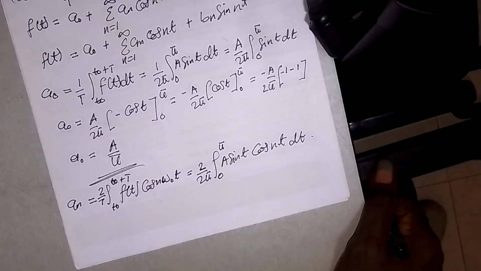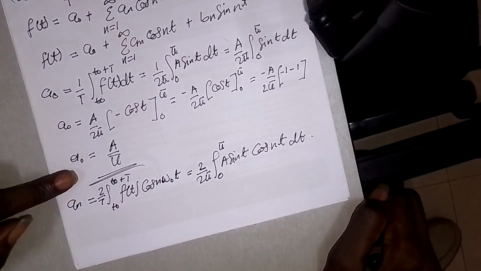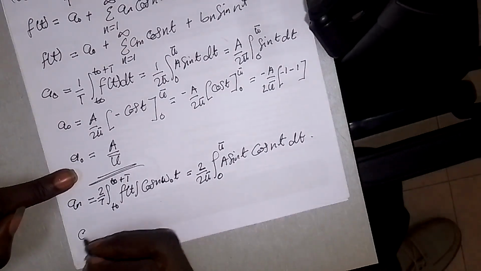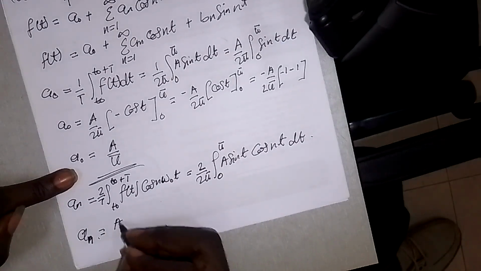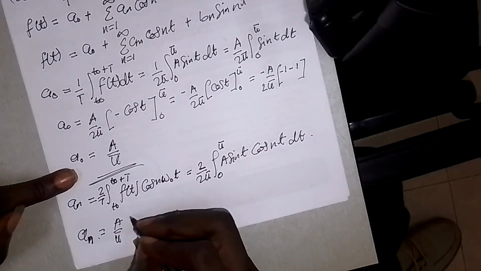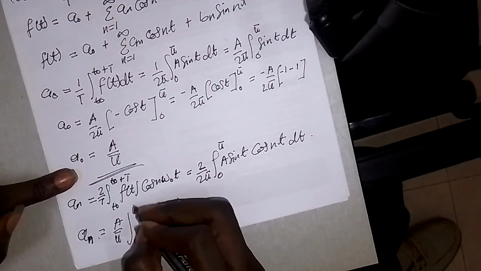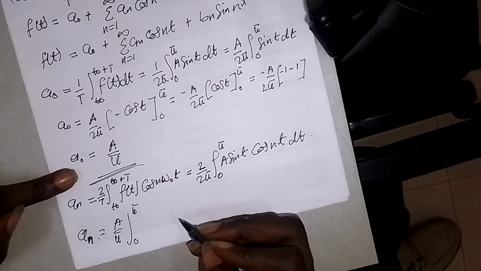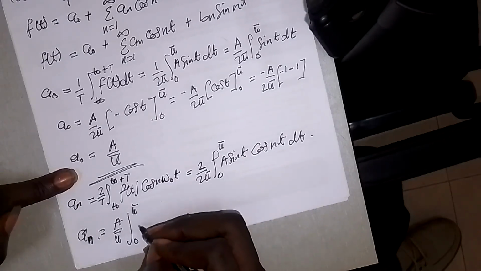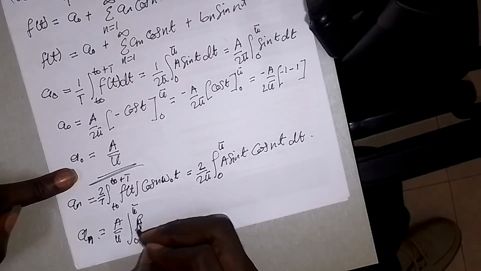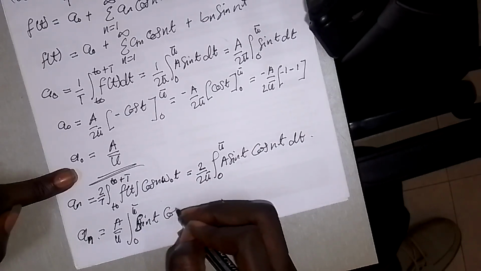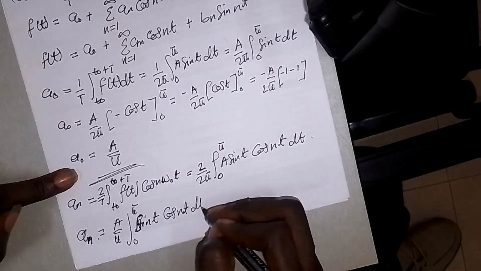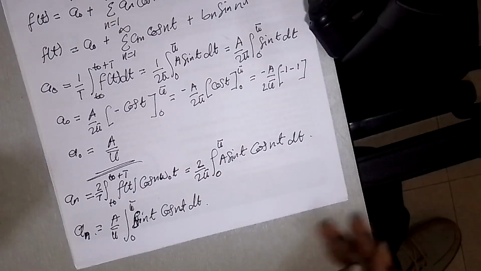So now here, I can say that an is equal to A on pi times the integral from 0 to pi of sine t cos n t dt. This is what I'm going to have.